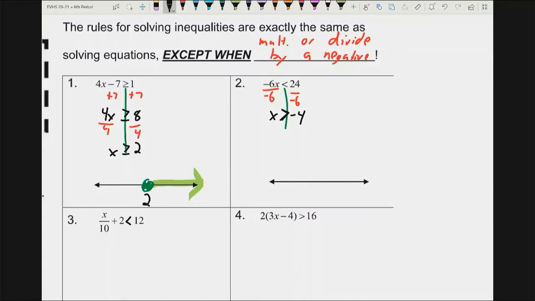Now, x is on the left, so I'm good on that front. I've got a -4. I'm going to circle it. And this time, since it's just greater than, I do not fill it in. I leave it as an open circle. And greater than goes to the right.